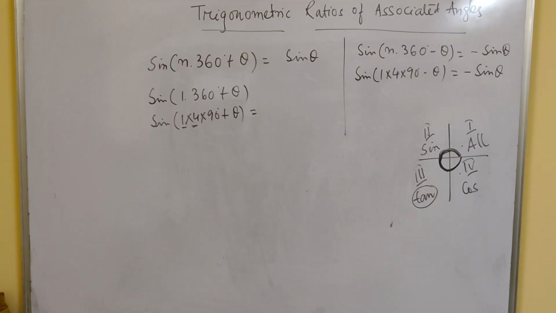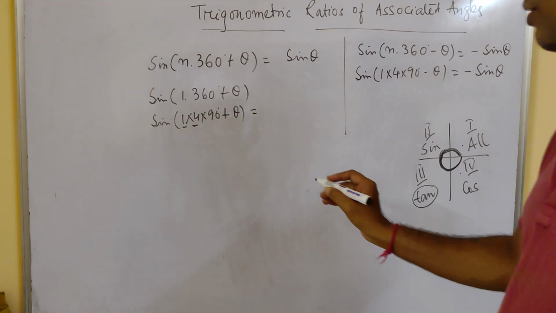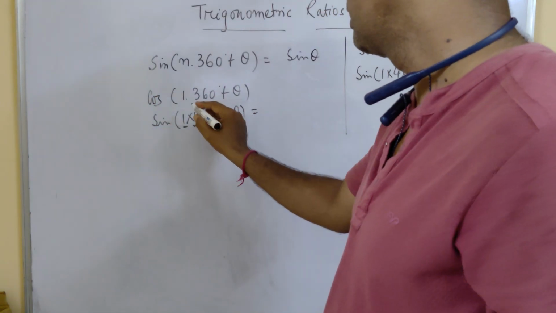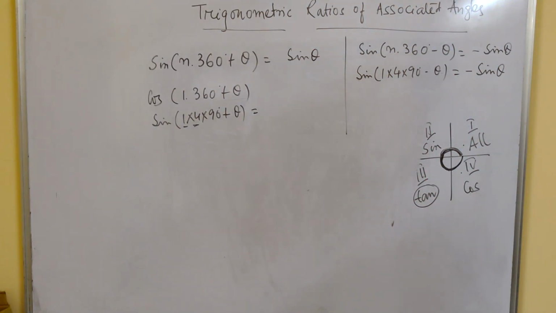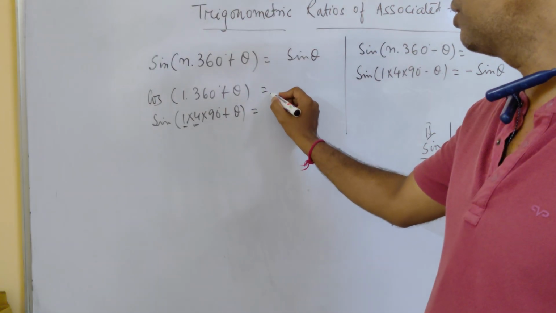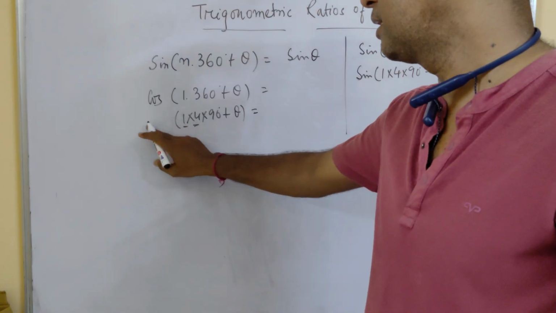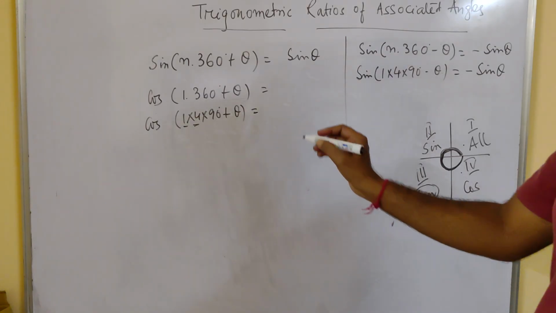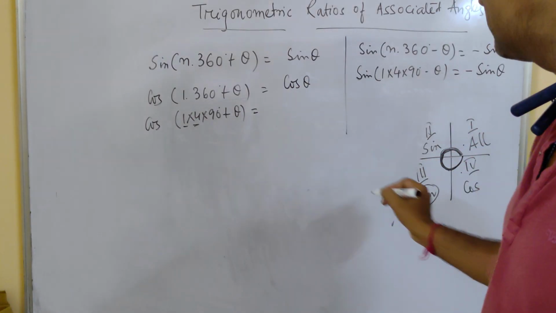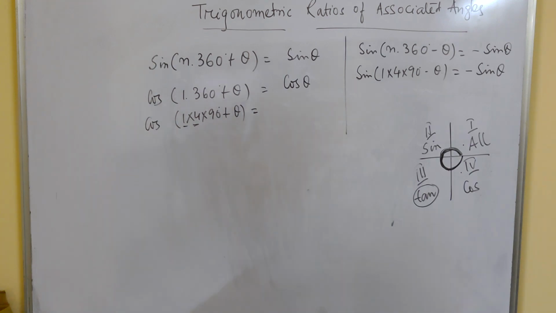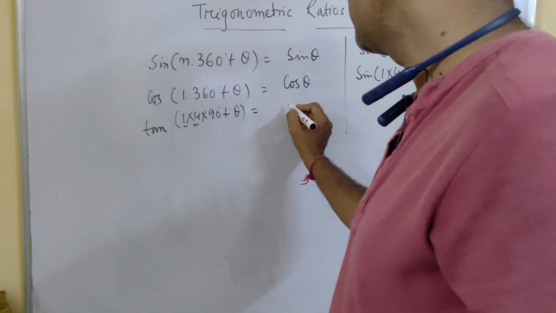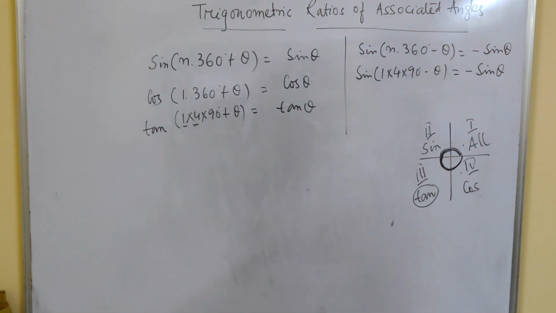Similarly, we may calculate for the others also. If we write cos of 360 plus theta, here also we may write cos of 1 into 4 into 90, so it is even, so it is cos theta. 360 plus theta means first quadrant, so it is plus cos theta. Similarly for tan, it is in the similar form, it is plus tan theta.